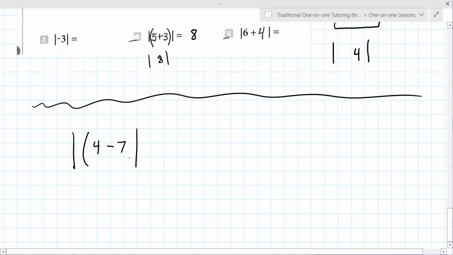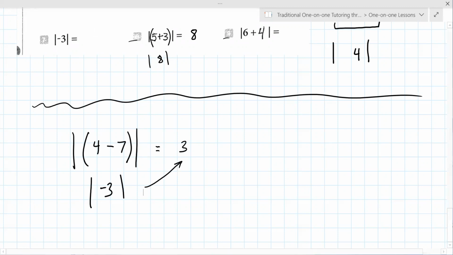What is 4 minus 7? Let's start with that. It is -3. And then you take the absolute value of that, which is 3. But you have to do the operation inside there first. That's the point.